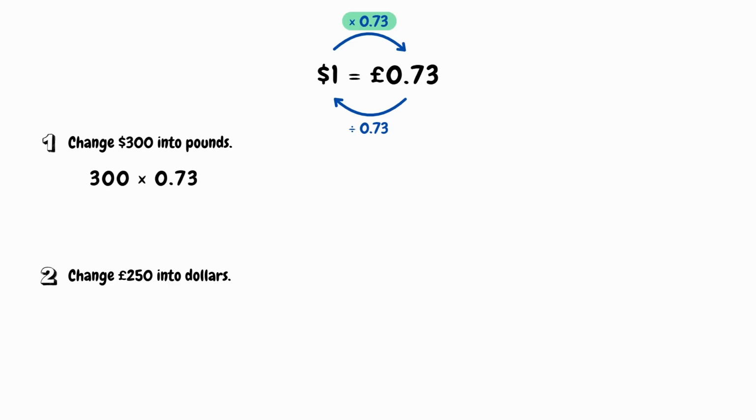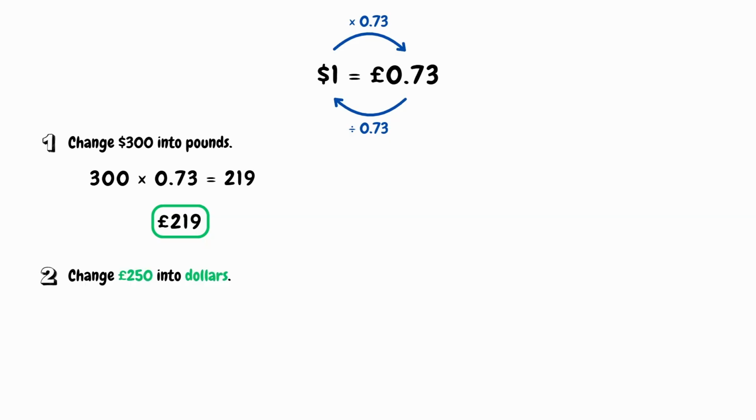I would then multiply this by 0.73, and that would give me 219. So $300 would be equivalent to £219.